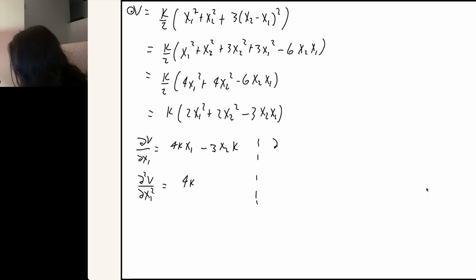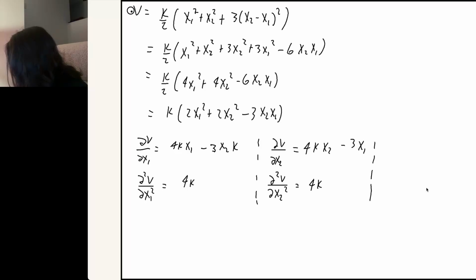Let's now do x2, which will be 4k x2 minus 3k x1. If we take the second derivative of that with respect to x2, we'll just have 4k again.